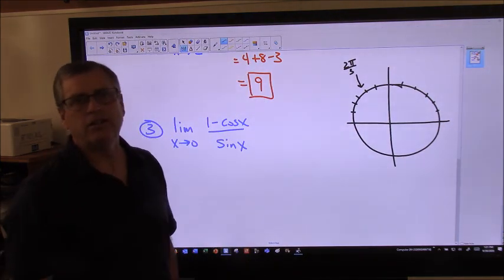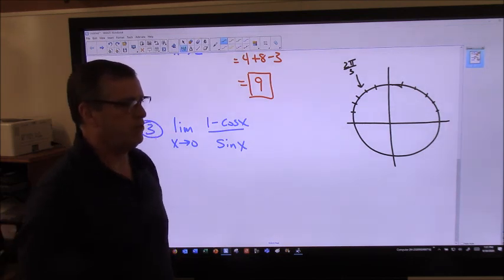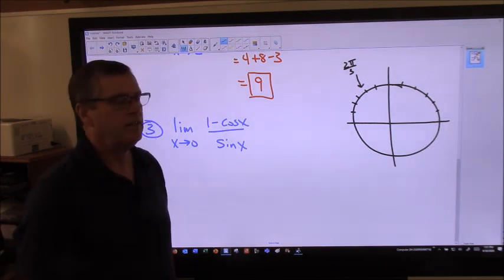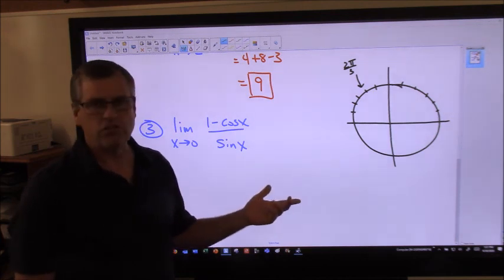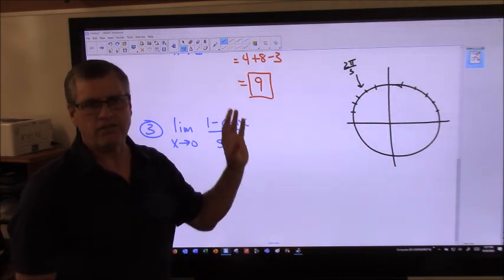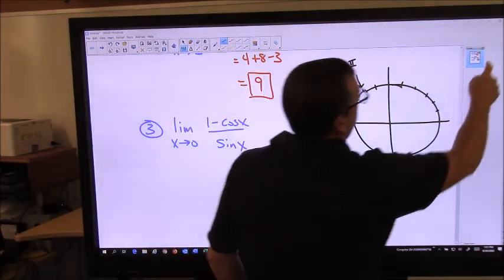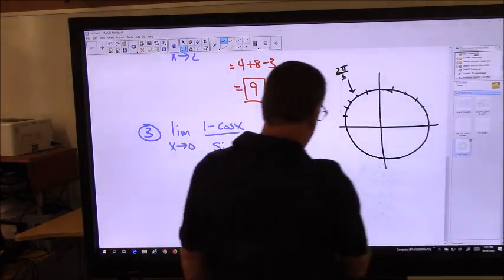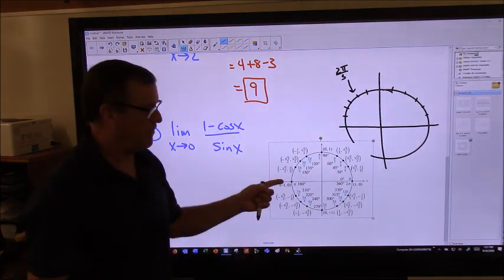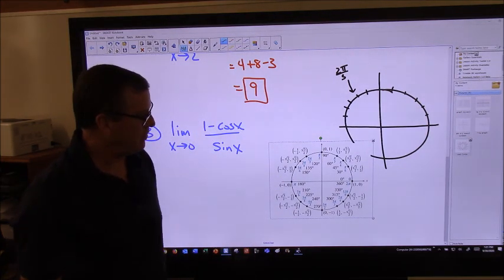You may want to go back and look at your notes from last year on the unit circle, because we'll refer to it a lot. If not, if you just Google unit circle, there's all kinds of images on the internet, and good ones. I got this unit circle off the internet. It's got everything that we talked about.